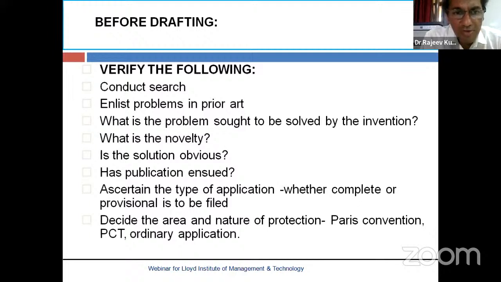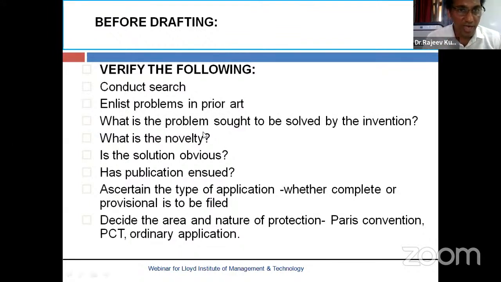Since this is a new virus, we generally don't have pre-existing knowledge about it. What was available in the literature was that this virus was prevalent in different animals, and this is a group of viruses, but the vaccine was something very new, so you won't find any prior art for the vaccine against coronavirus.